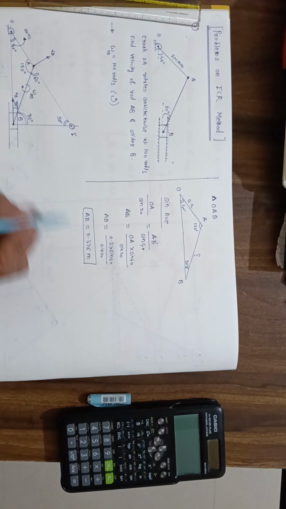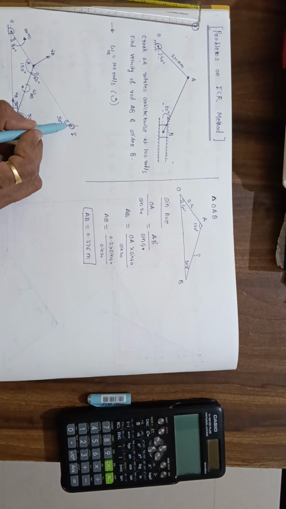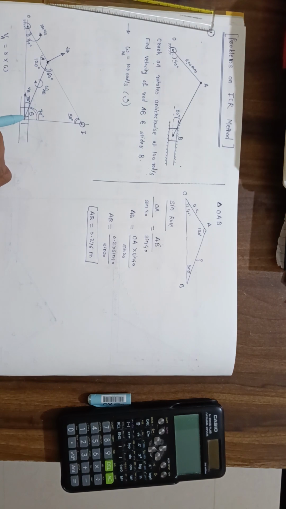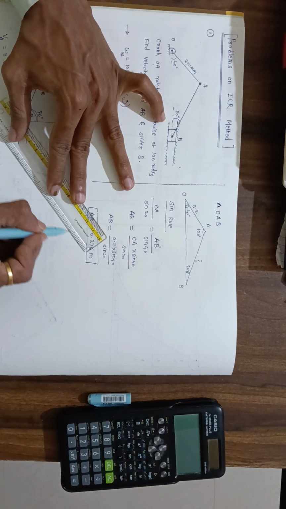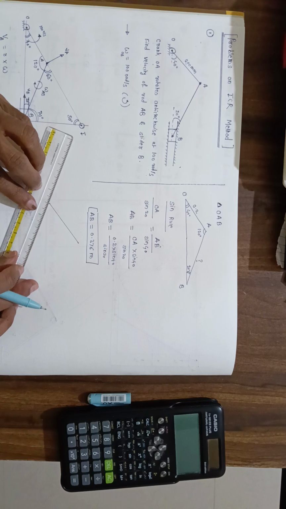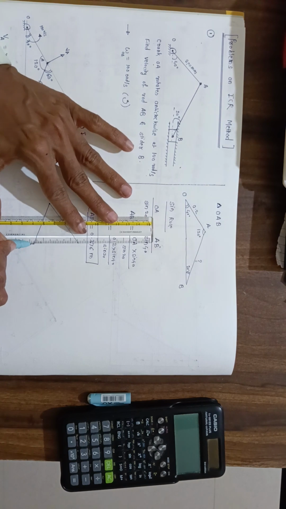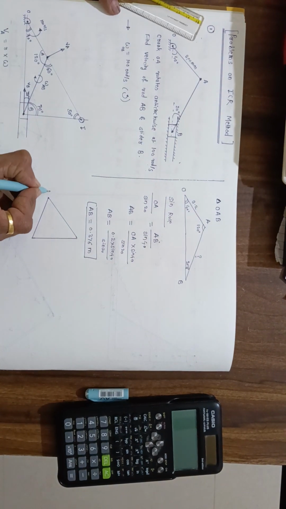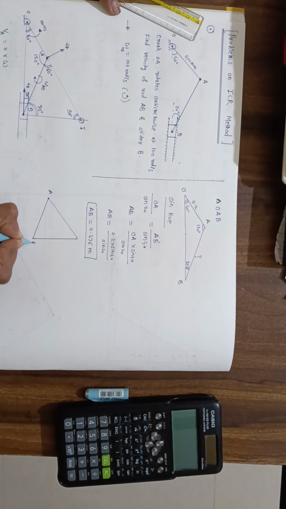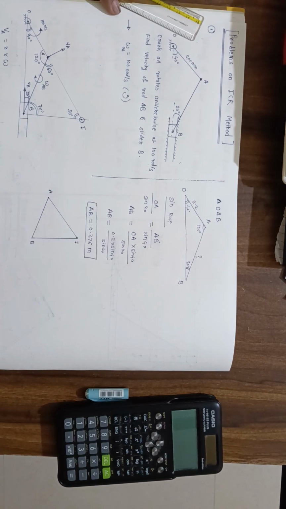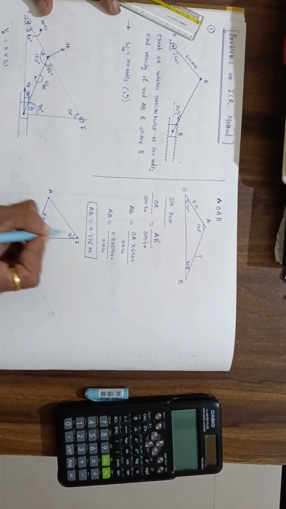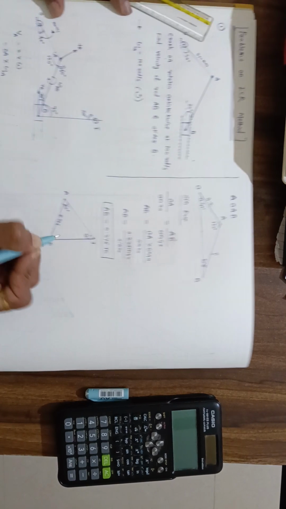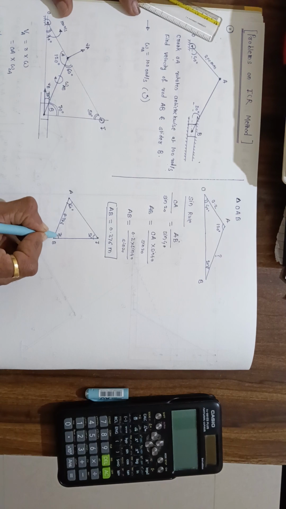Now from this we will calculate the distance AI and distance BI. Now consider this triangle. This point is A, this point is B, and this is the ICR. So distance AB is now 0.376. This angle is 50, this angle is 60, and this angle is 70.